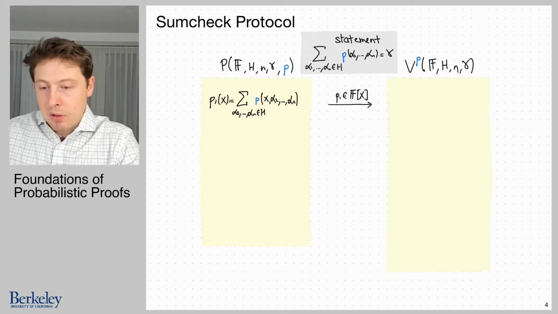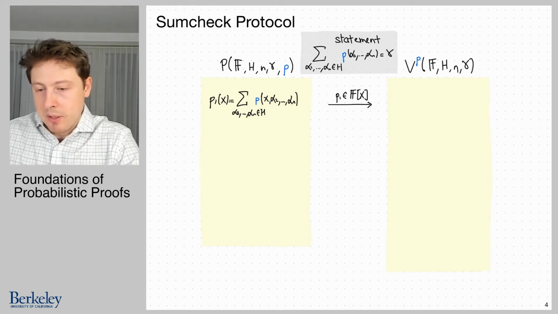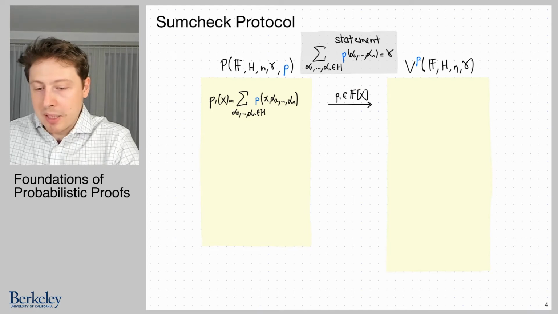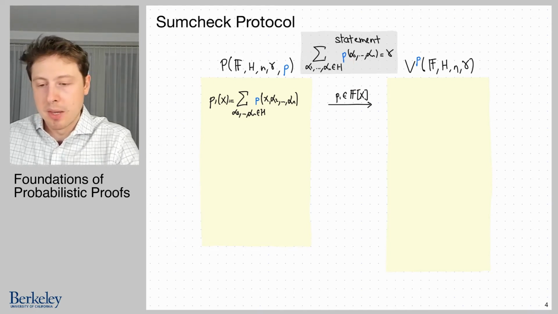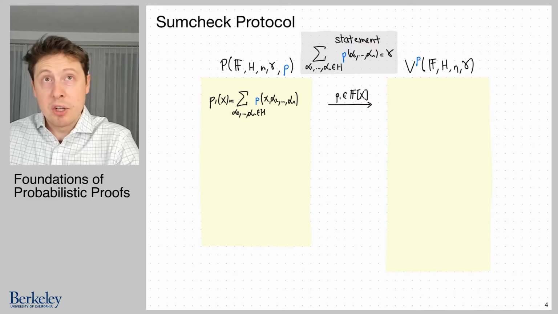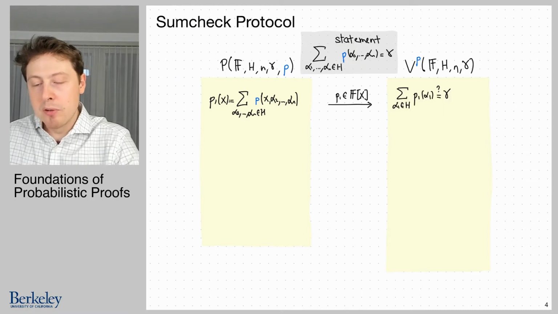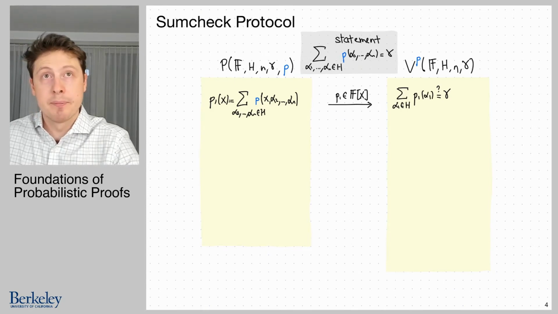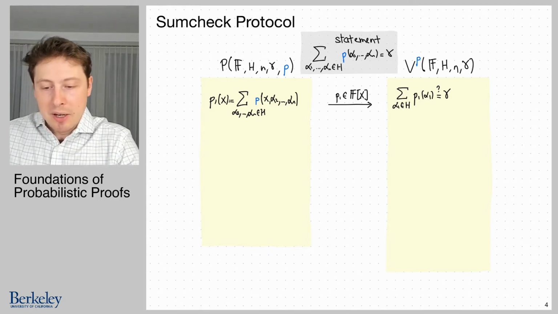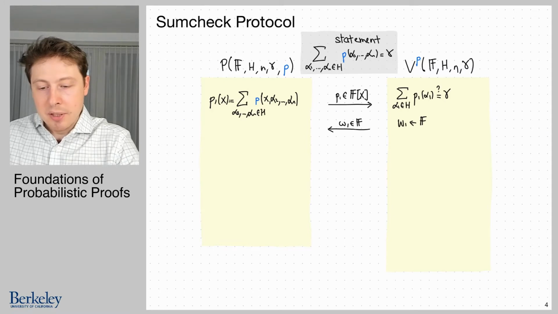And from the verifier's perspective, it sees the prover sending some univariate polynomial that claims to be this entire sum, but with the first variable left free. So the first thing the verifier should do is check that if I sum over the variable left free, I really do get the sum that was claimed.